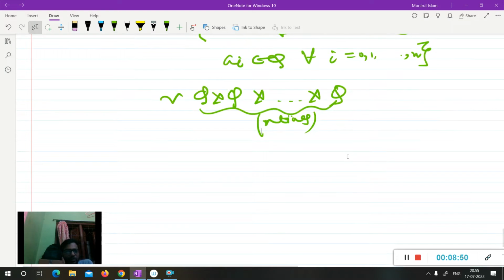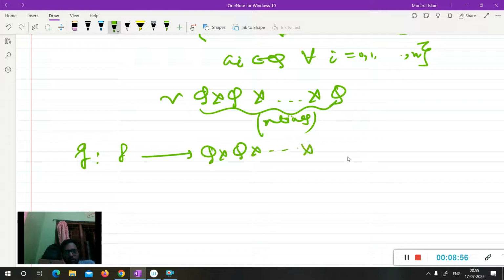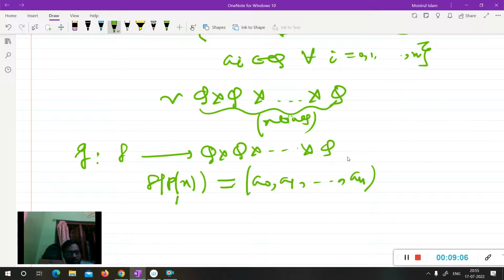Suppose you consider a mapping g from S to Q cross Q, where S is the set of all polynomials p(x) = a0 + a1x + ... + an x to the n with rational coefficients.